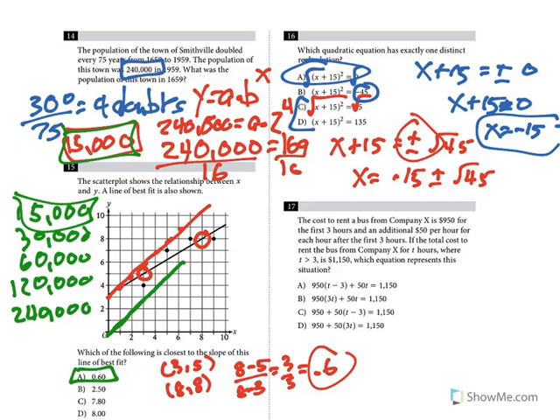All right, 17. So this is kind of a tricky one. When we have problems where there is a cost for the first, usually it's the first hour, though it could be the first anything, and then you're paying for an additional hour, the expression we use is x minus 1.